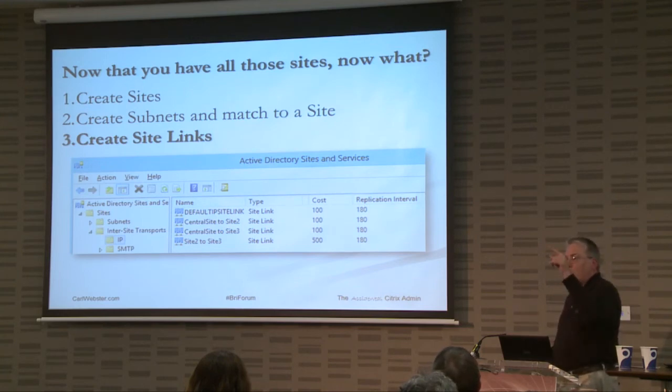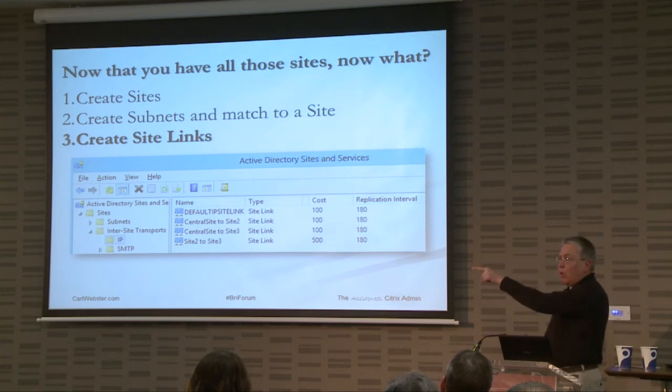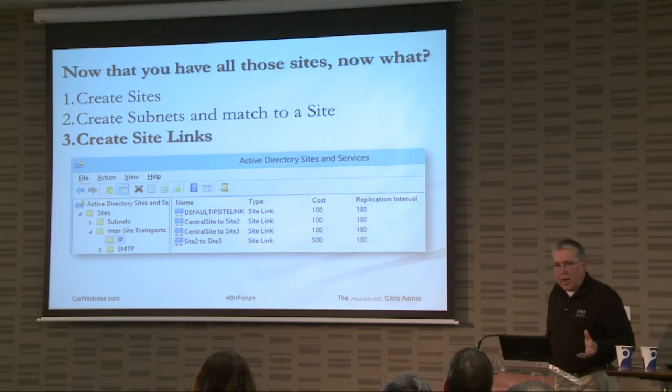Now, if something goes wrong and the link between central site and site 2 goes down, the KCC says, oh, okay, I have a way to get from site 2 to site 3. We don't have isolated domain controllers now. And then we don't have to worry about domain controllers being offline, because that happens a lot more than you would think.